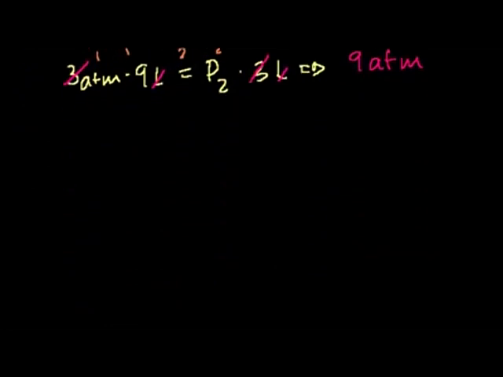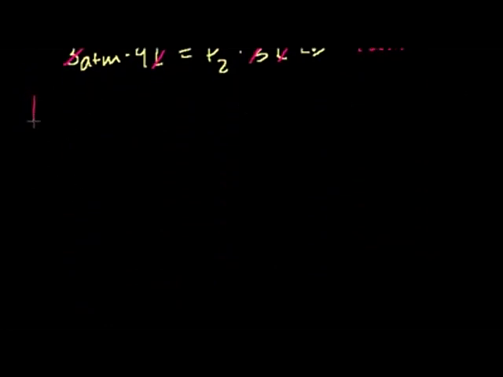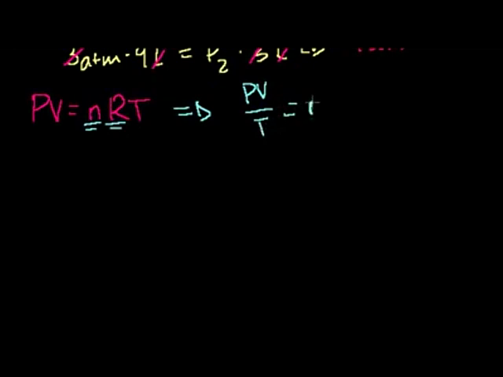Now, you can take that even further. If we look at PV equals nRT, the two things that don't change in the vast majority of exercises are the number of molecules we're dealing with, and obviously R isn't going to change. So if we divide both sides by T, we get PV over T is equal to nR, or you could say a constant.